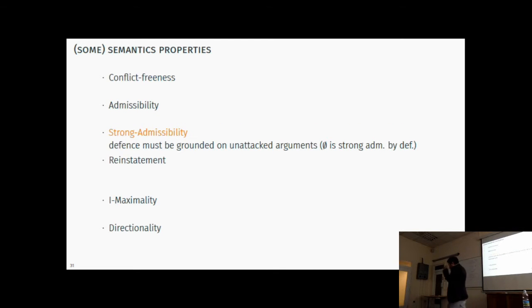If I have an argument A and an argument B that are attacking each other, sure, I can accept either one or the other. One can tell me tomorrow it's going to rain, the other one, no, it's sunny. But you might want your defense to be grounded in something that is unattacked, that is uncontroversial, that is beyond doubt. And that is the idea of strong admissibility.